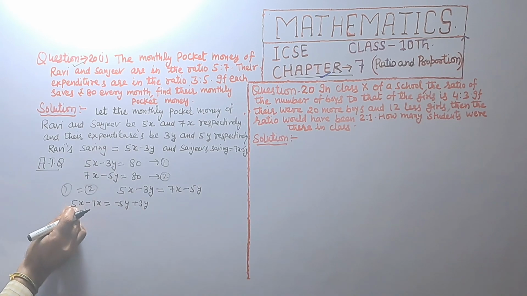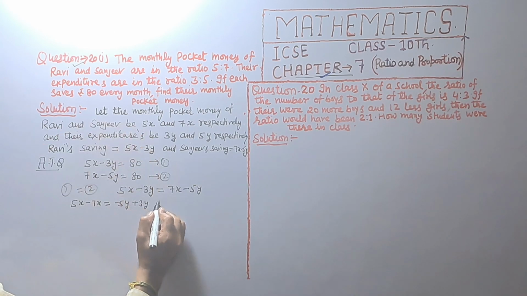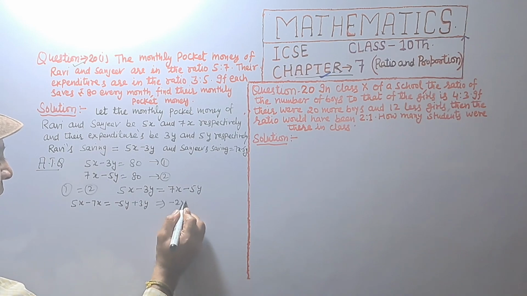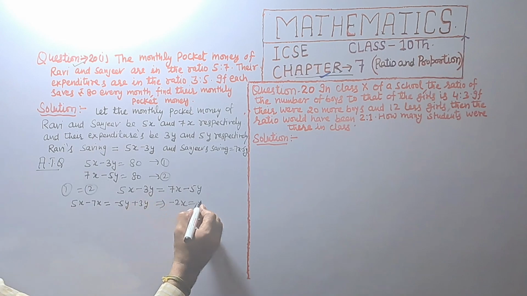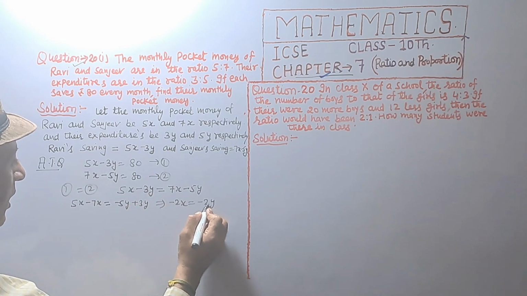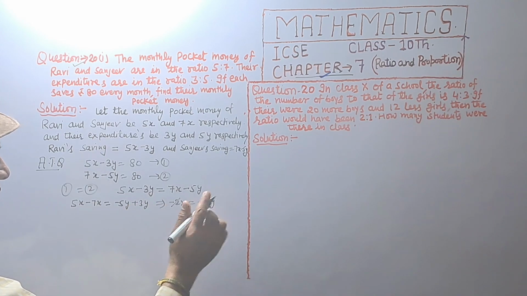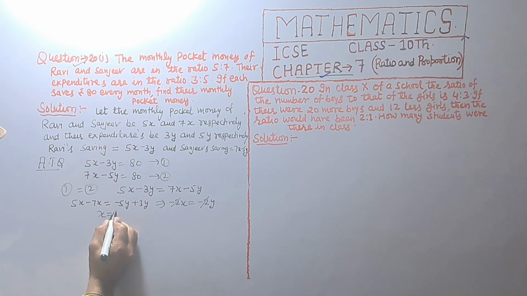Minus 7x plus 5x is minus 2x, and minus 5y plus 3y is minus 2y. Minus 2 is cancelled and we get x is equal to y.